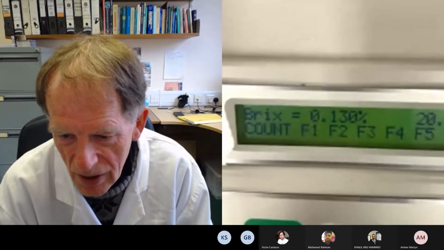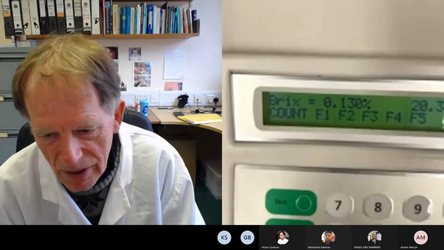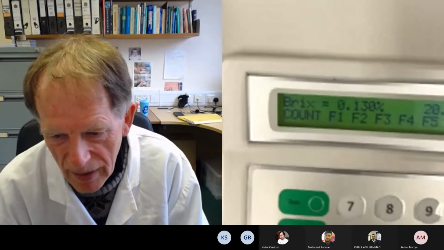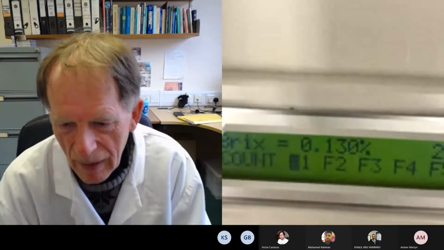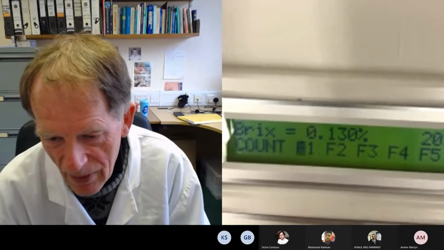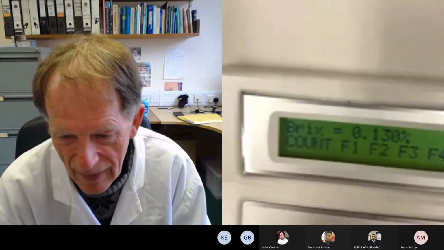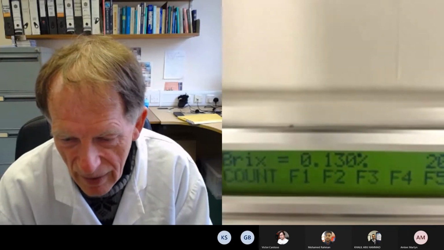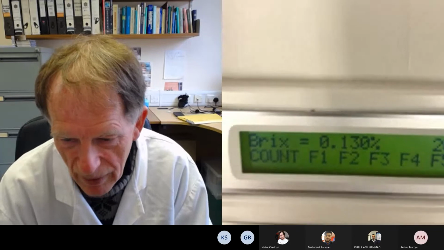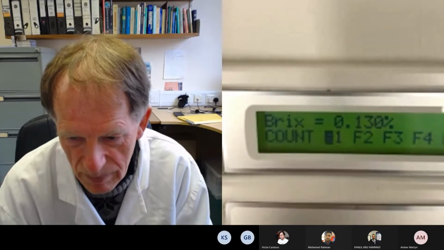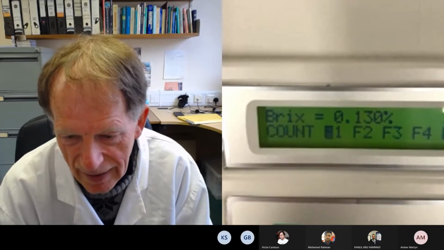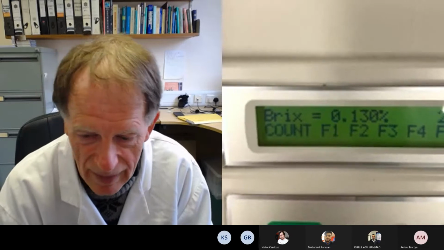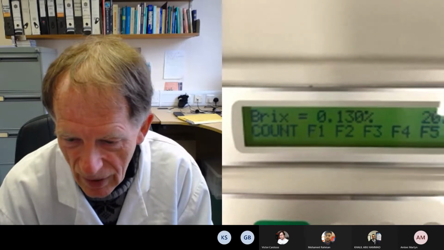So that's just a peculiarity caused by the industrial bias of this particular piece of instrumentation. But since most of you, apart from Amber, are doing the industrial physical biochemistry course, that's something which is worth knowing.